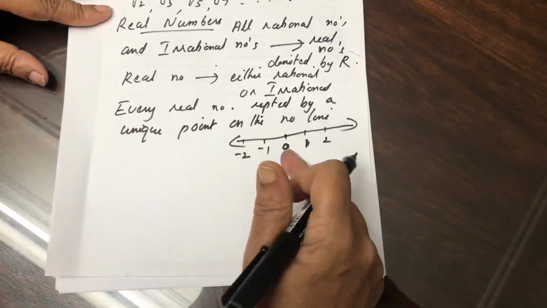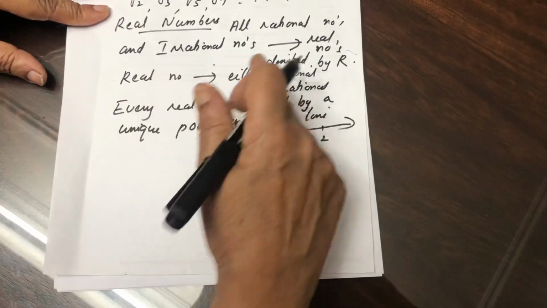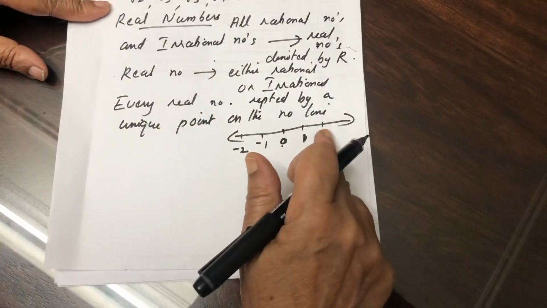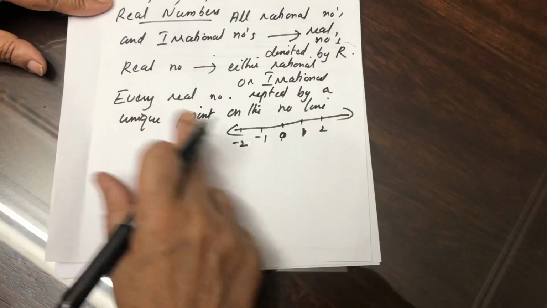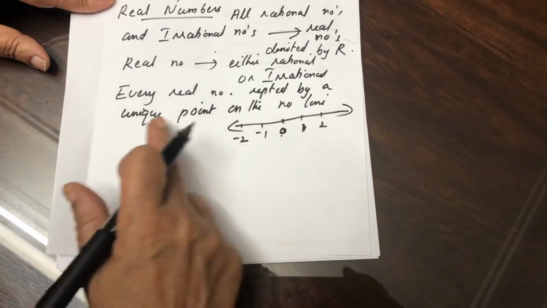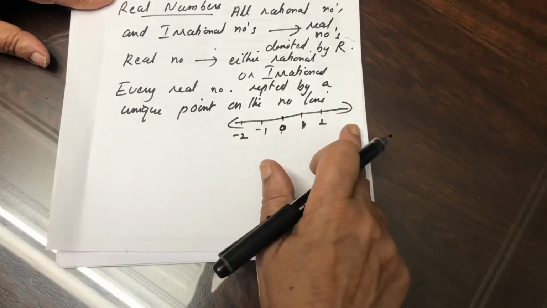Root 2, root 3 and all these irrational numbers can also be represented on the number line. Root 2 has one particular position, root 3 has another particular position. Therefore, every real number is represented by a unique point on the number line.